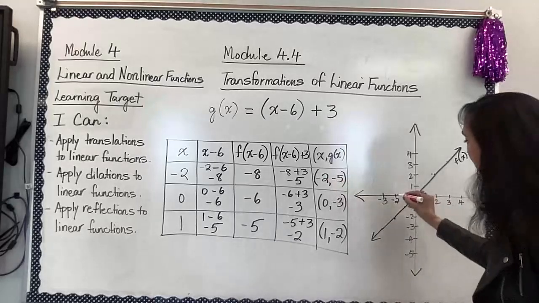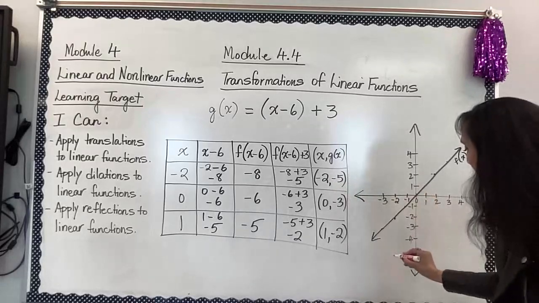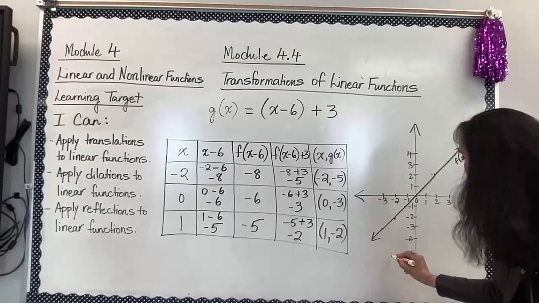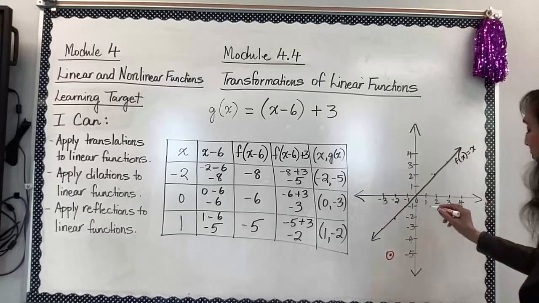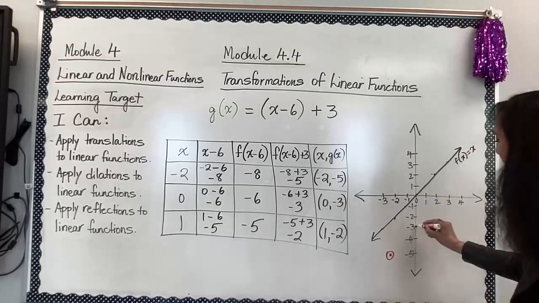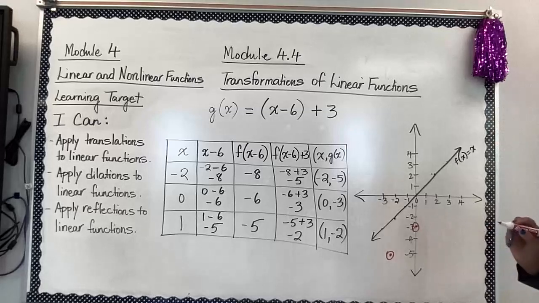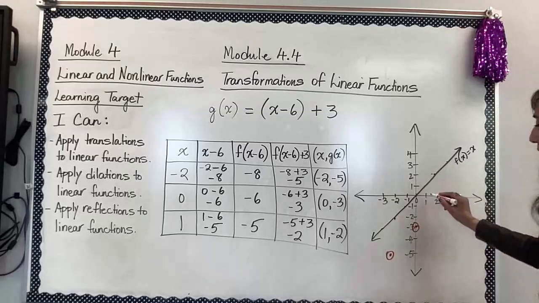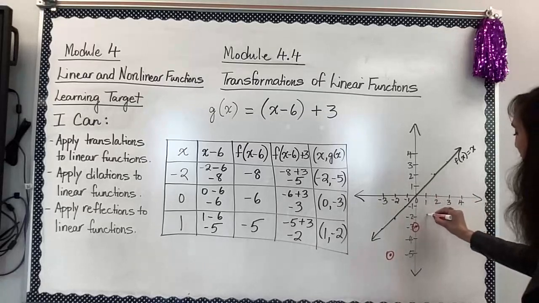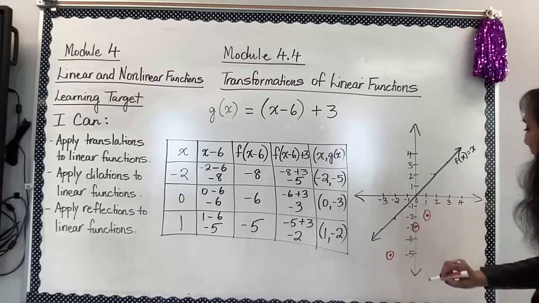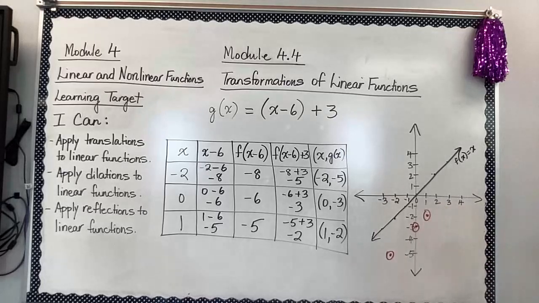So this is negative 2, and here is negative 5. Okay. And then I have 0, negative 3. And I have 1, negative 2. And so this is how my graph is moving.